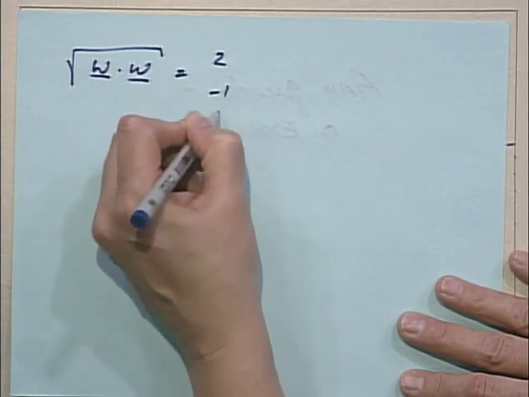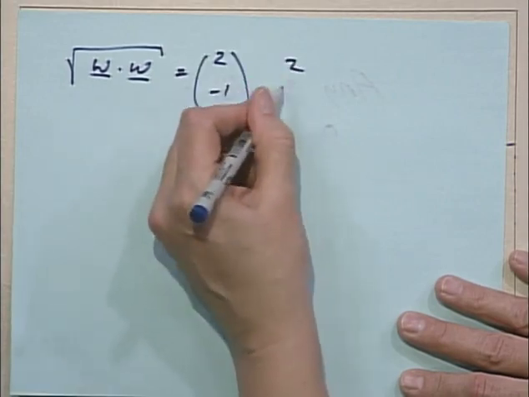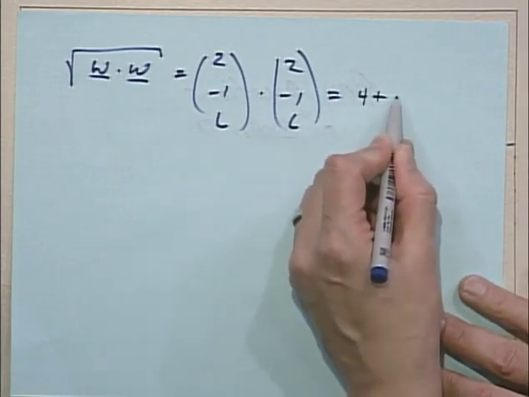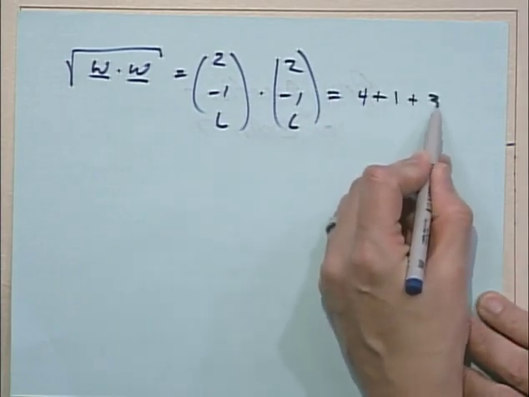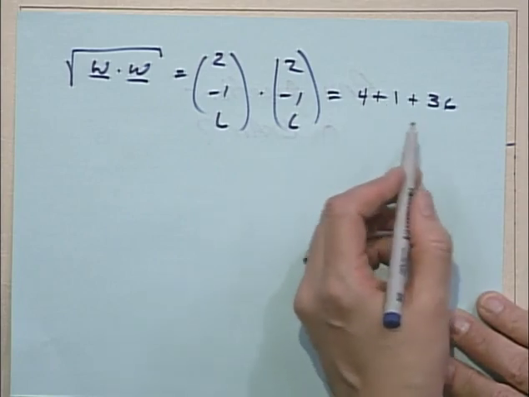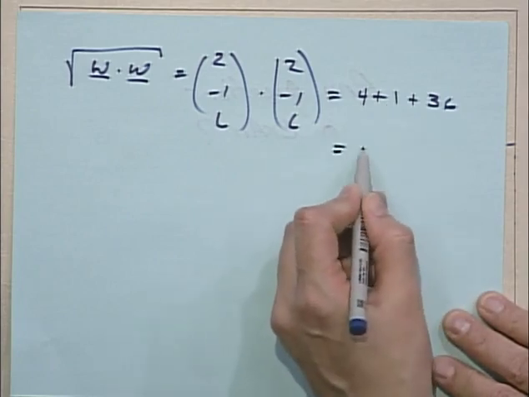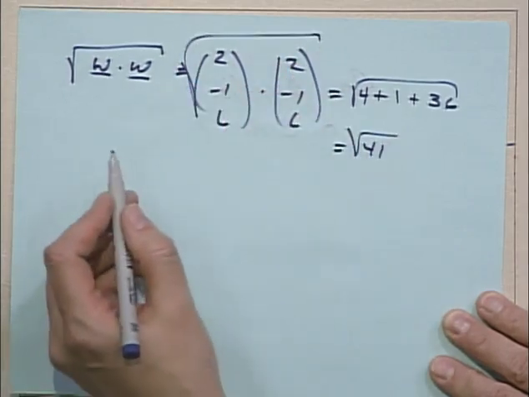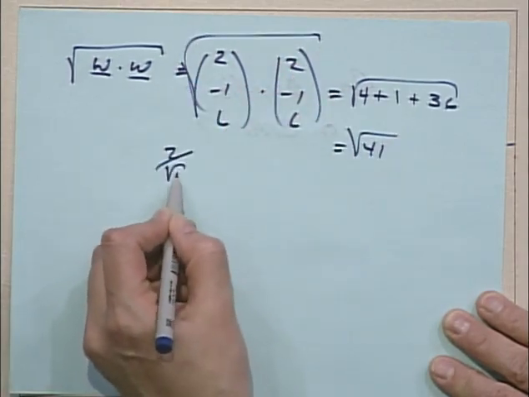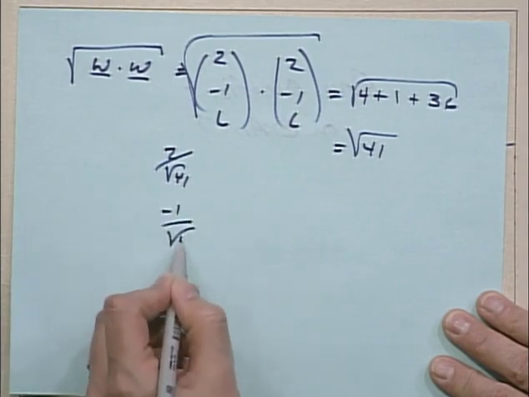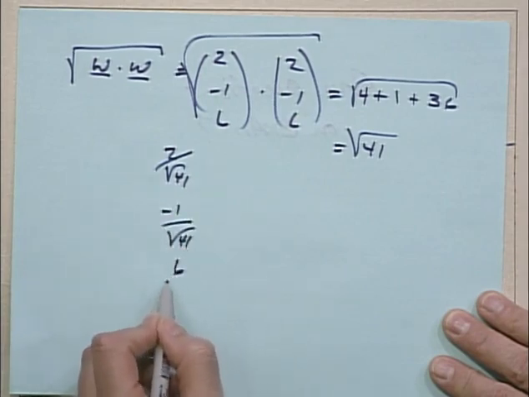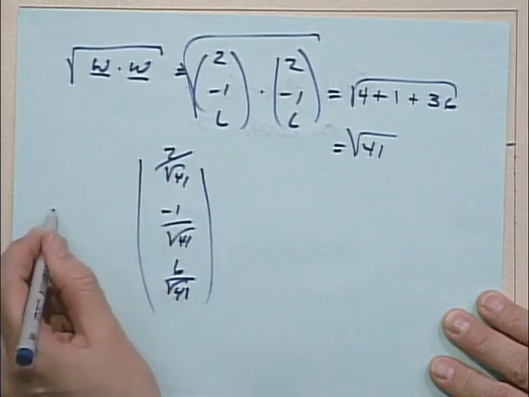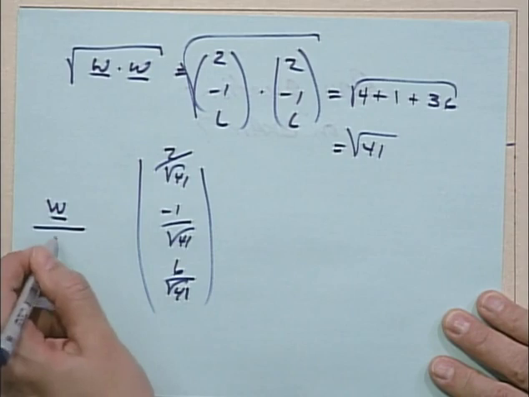So it's (2, -1, 6) dotted with (2, -1, 6), so that's 4 plus 1 plus 36, so 41. Square root of 41. So it's 2 over the square root of 41, minus 1 over the square root of 41, and 6 over the square root of 41. That's meant to be more or less a giveaway problem. W over the magnitude of W.